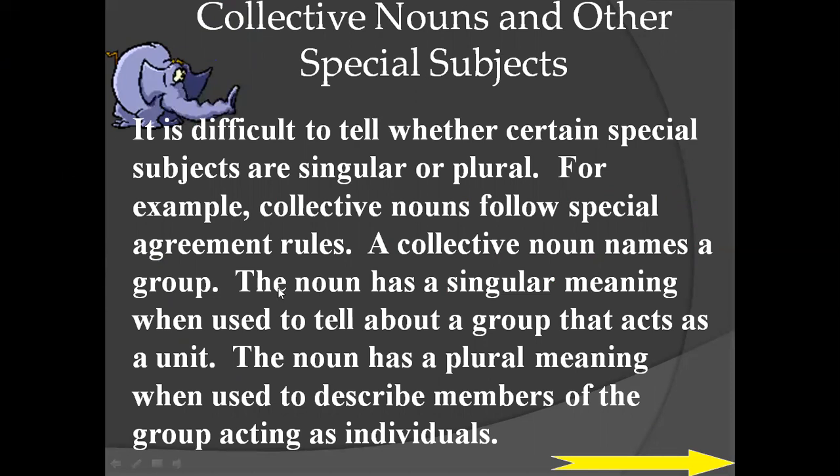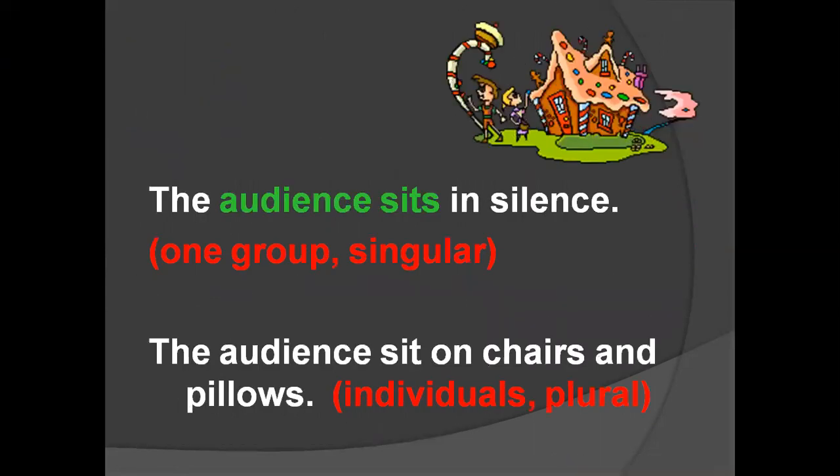For example, collective nouns follow special agreement rules. A collective noun names a group. The noun has a singular meaning when used to tell about a group that acts as a unit. The noun has a plural meaning when used to describe members of the group acting as individuals.